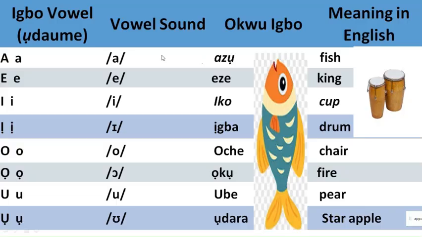So we'll be using them to make words. Azụ. You have seen the azụ here, fish. Azụ, fish. Eze. Eze means king. Iko, iko, cup.